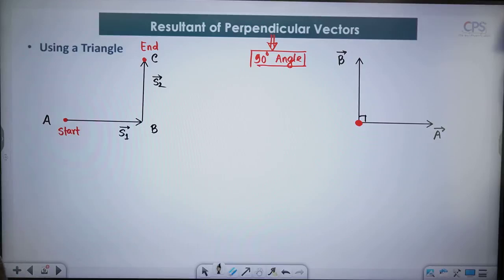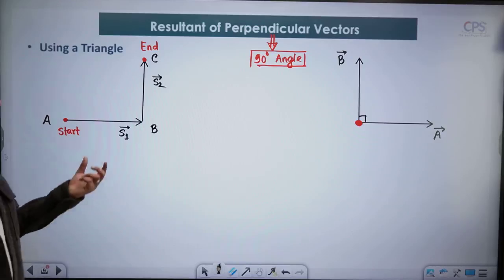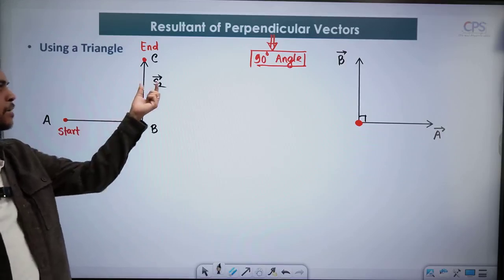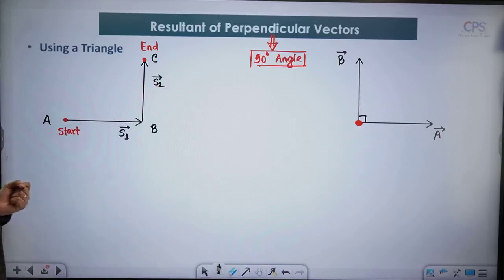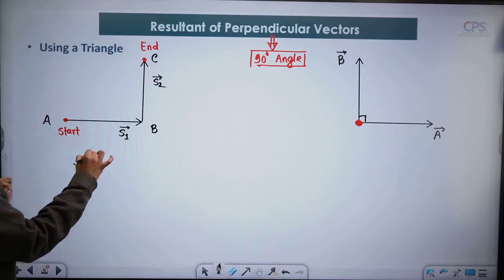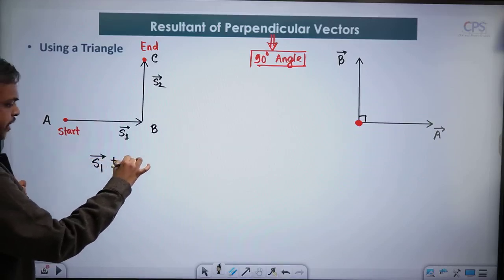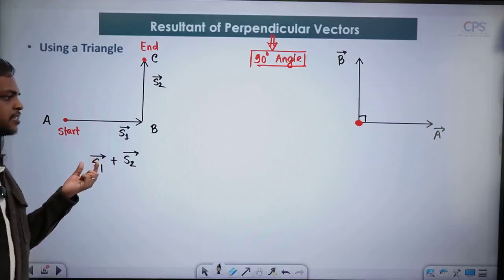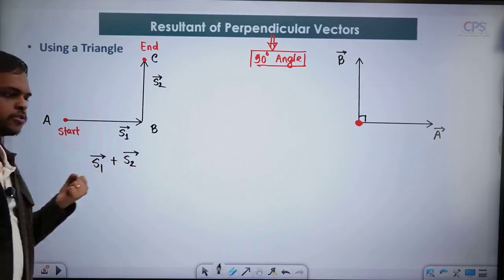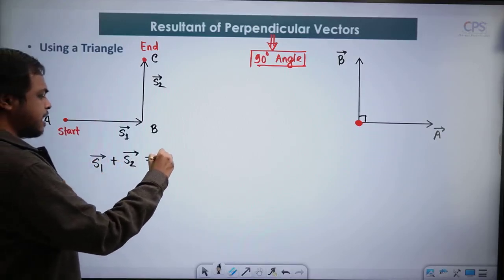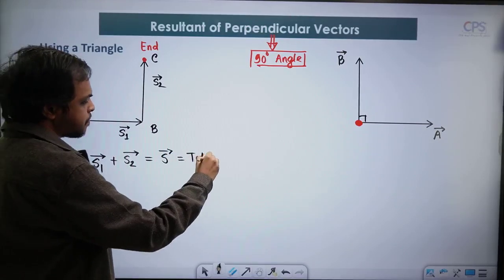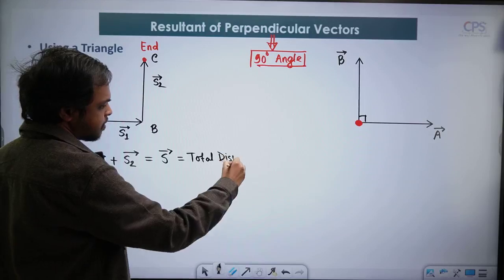Now the fun part is, how will I tell you? This is displacement 1 vector, this is displacement 2 vector. If I sum these two, S1 vector plus S2 vector, what I get is the total displacement. This is first displacement, this is second displacement. So I will get S, which is the total displacement.